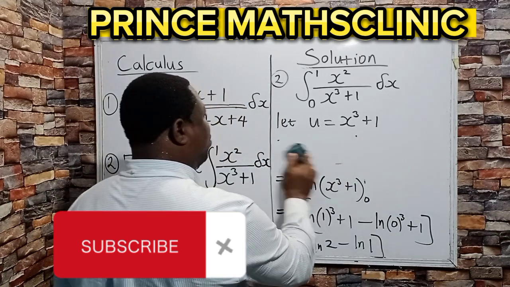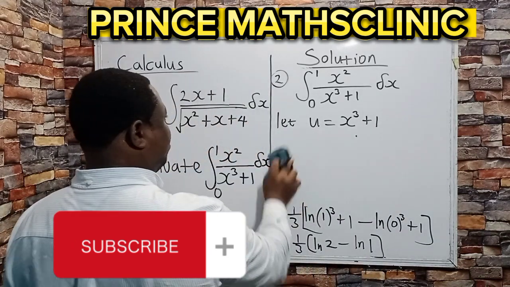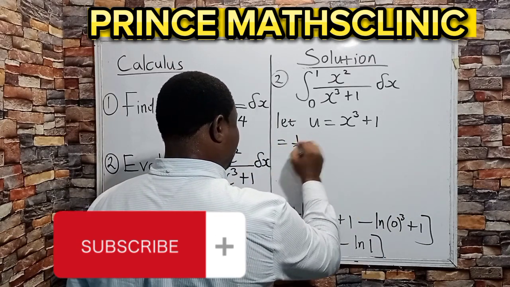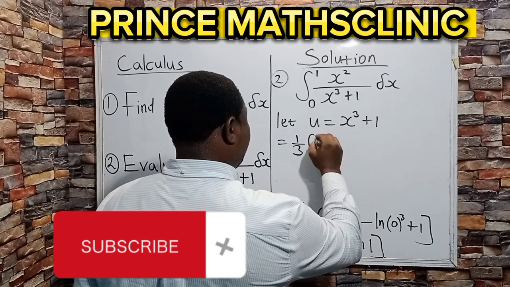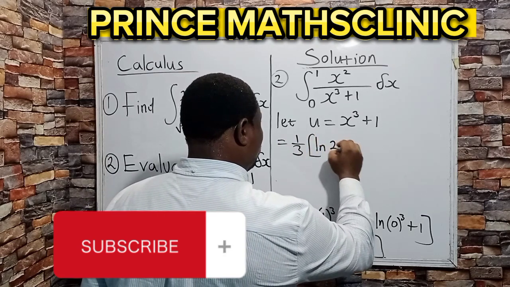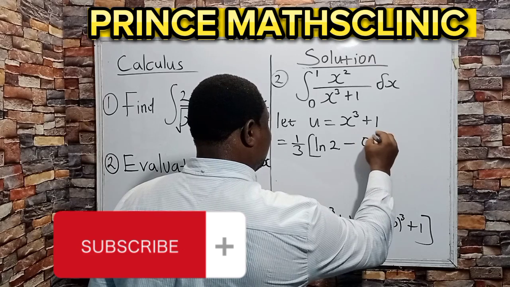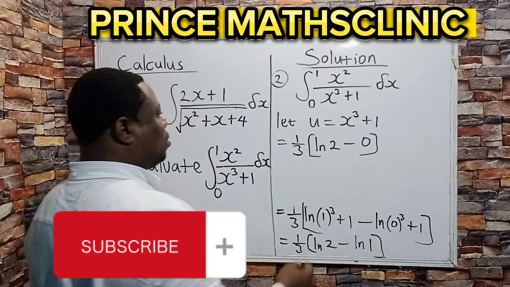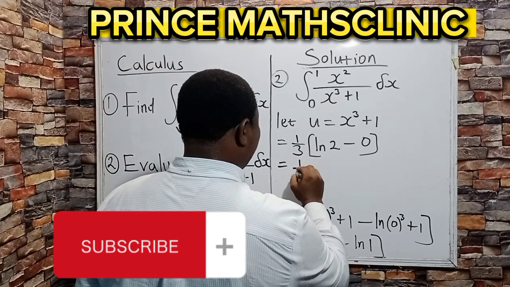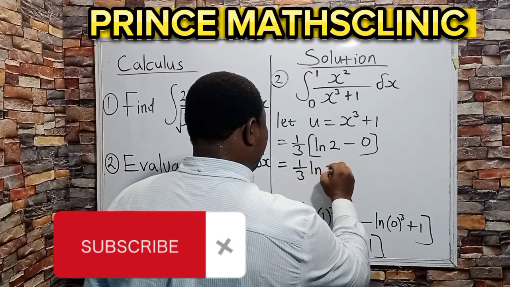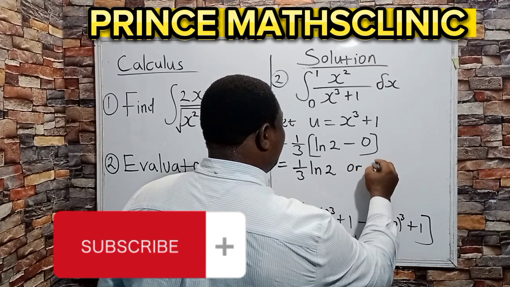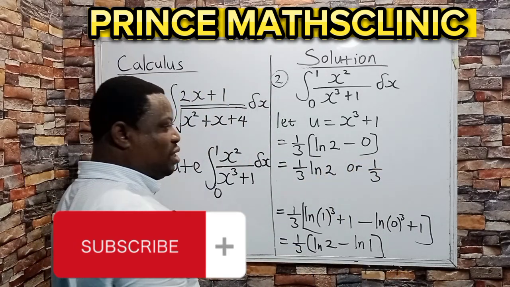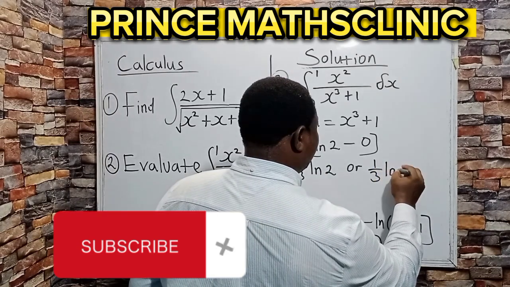Therefore, we can report our result like this. 1 over 3 ln 2 minus 0, because natural log of 1 is 0. So this becomes 1 over 3 ln 2. Remember I said ln means log to base e, right?